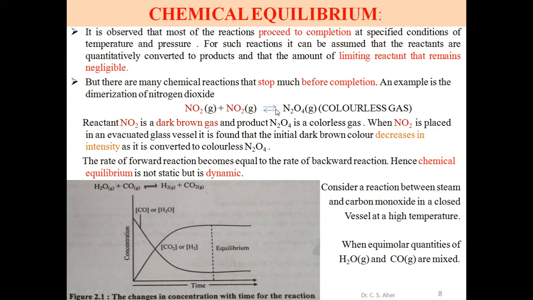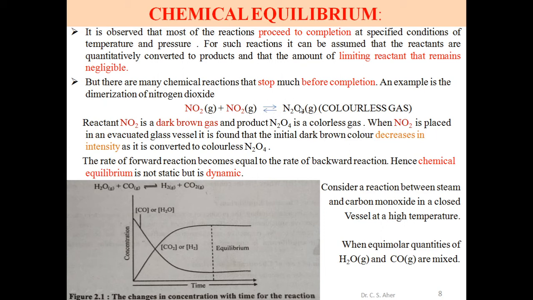What is the equilibrium state? Suppose the forward reaction goes in this direction, the amount of product increases, but the increased amount of colorless gas or product goes in the reverse direction to form reactant.